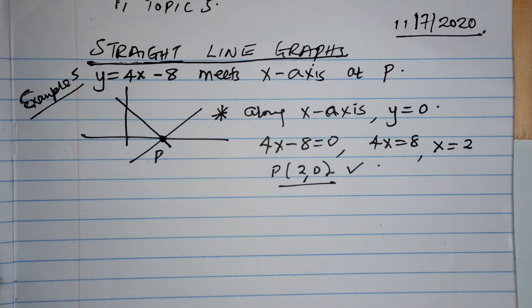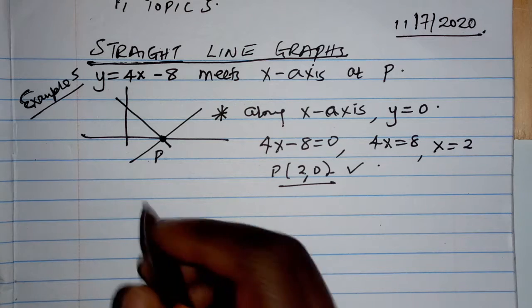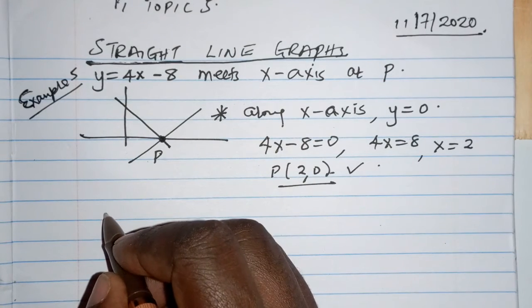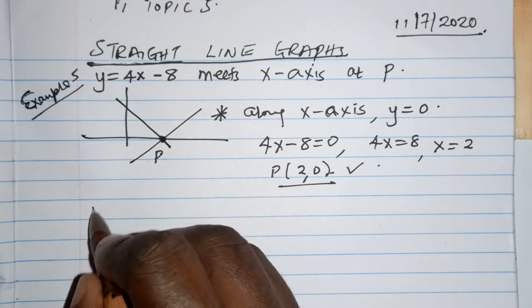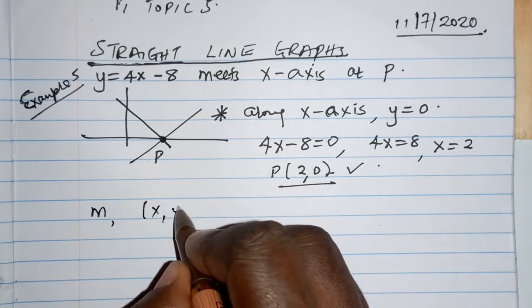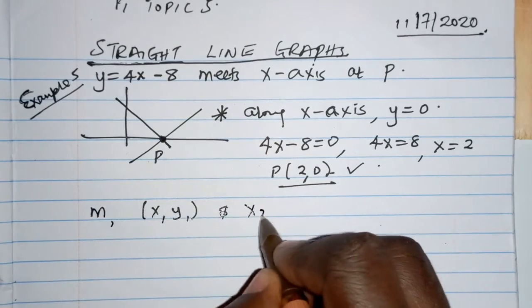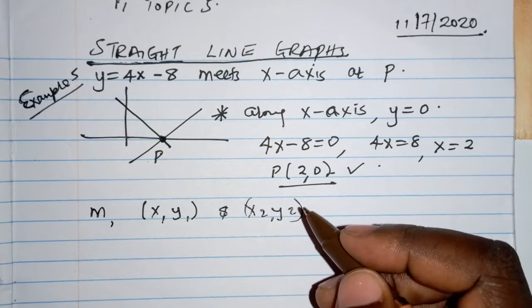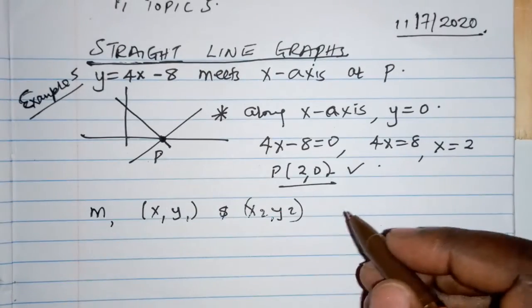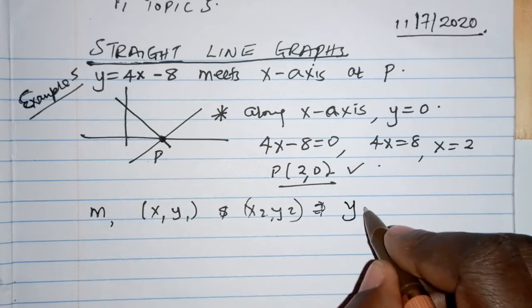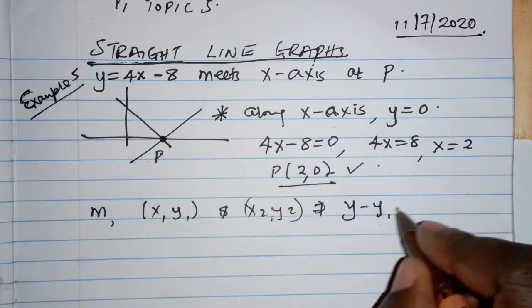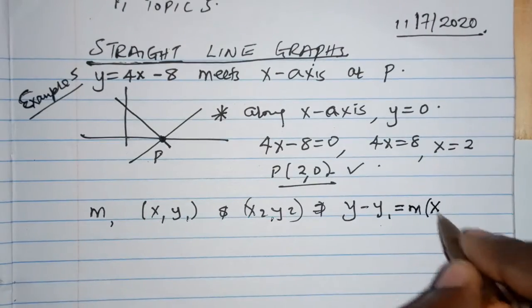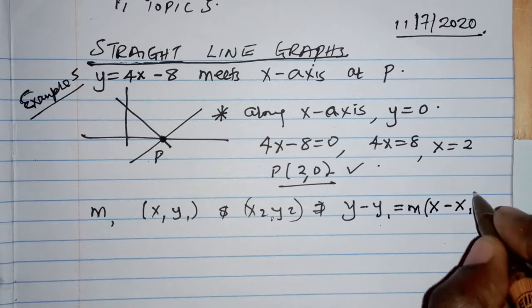Of most importance is that the equation of a line with gradient m that passes through the point with coordinates x1, y1 is always given by y minus y1 equals m times (x minus x1).